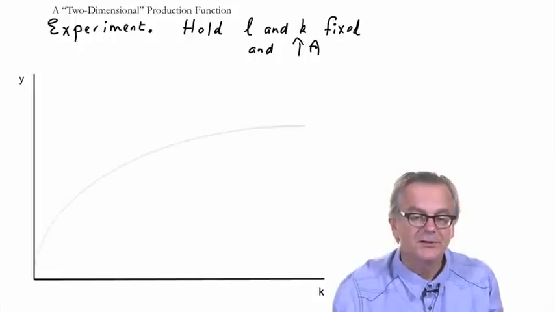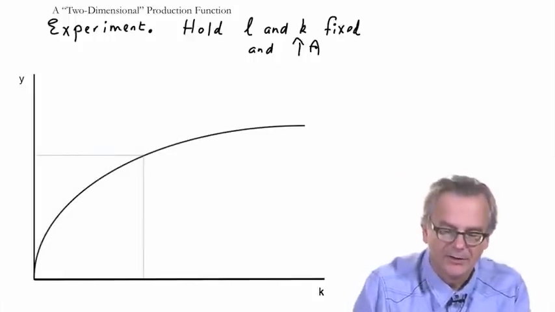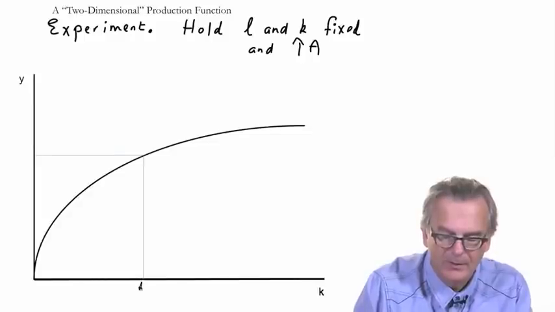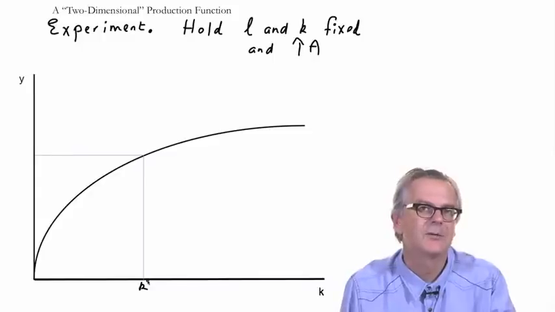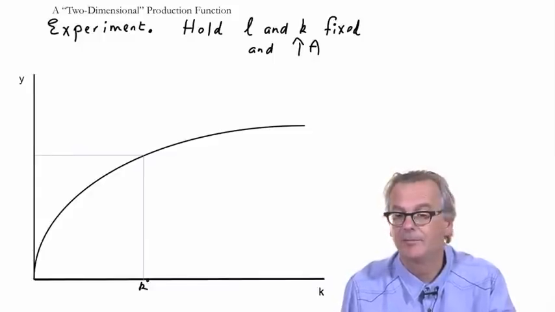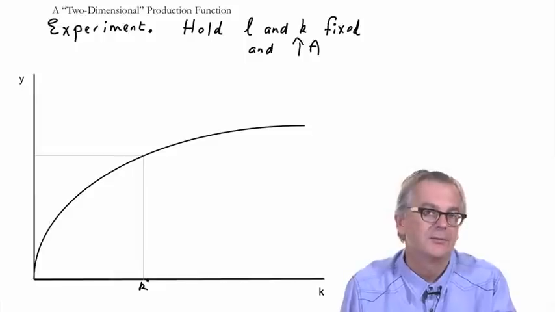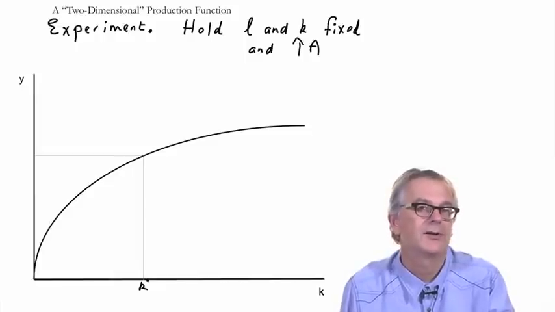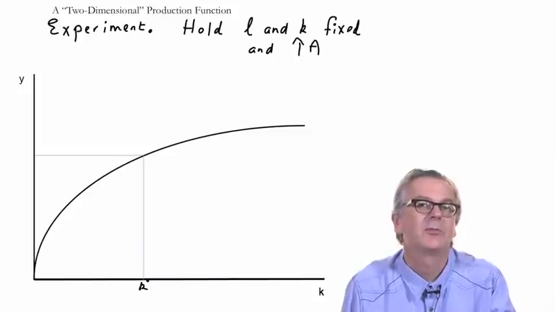In 2 dimensions, it's actually a similar sort of concept. So we're going to hold capital fixed at some level, and behind the scenes we're not changing labour either. If we increase total factor productivity, holding capital and labour unchanged, well, that increase in total factor productivity itself should be sufficient to generate us some extra output.